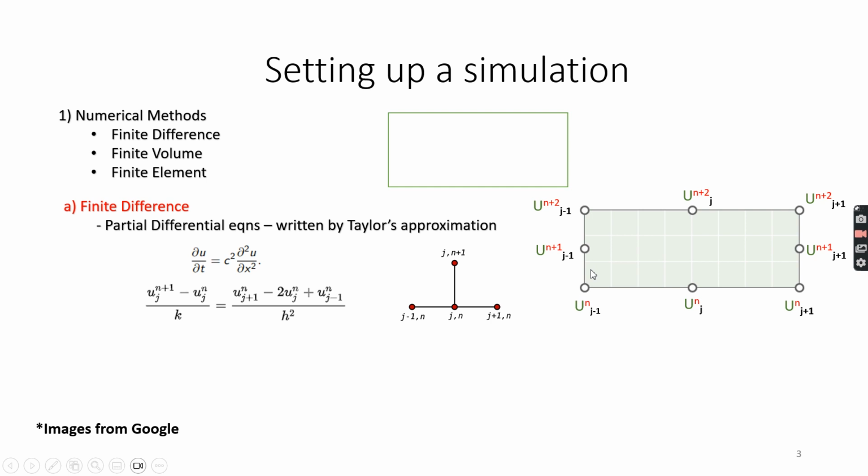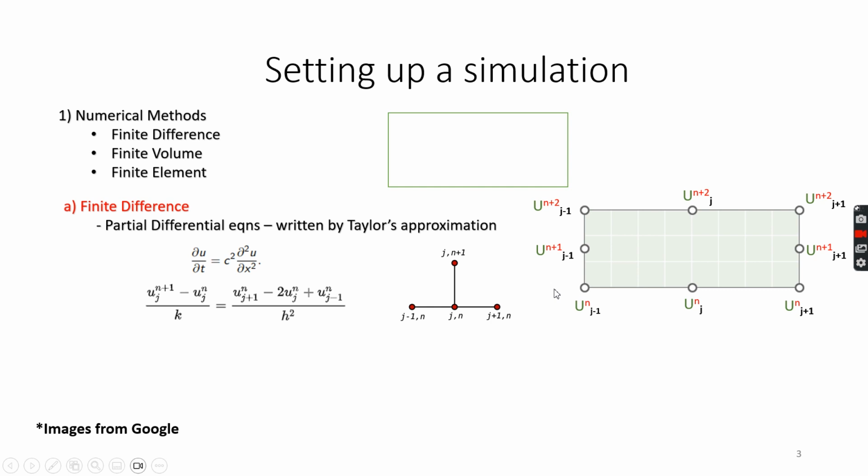We have two spaces, x and y, so you need to be using j and i for advancement in the x and y directions, with also the advancement of time, which is n.